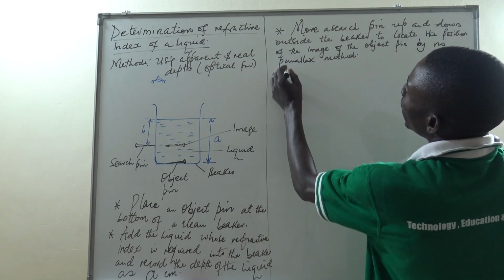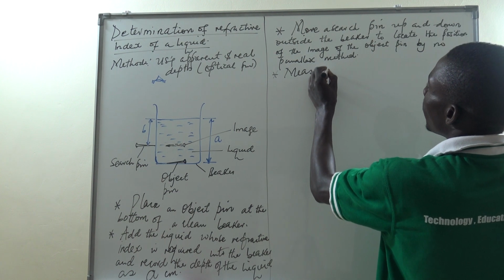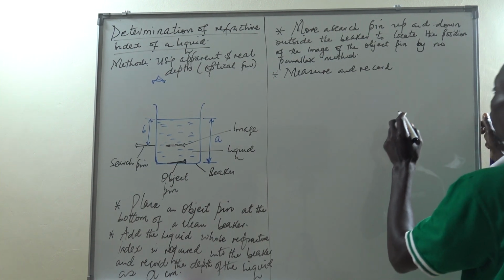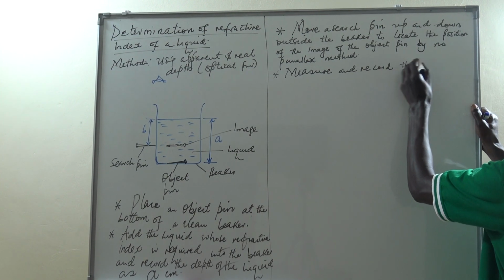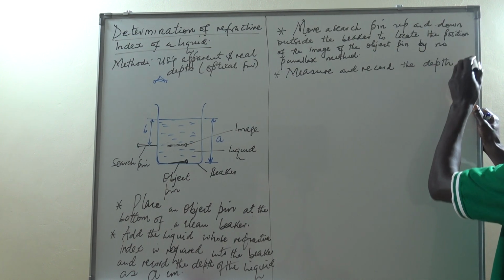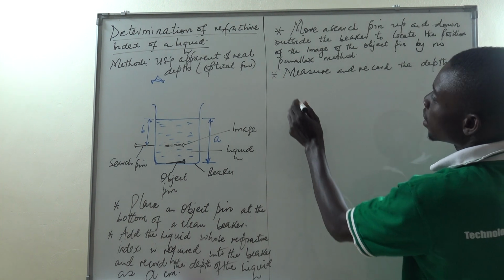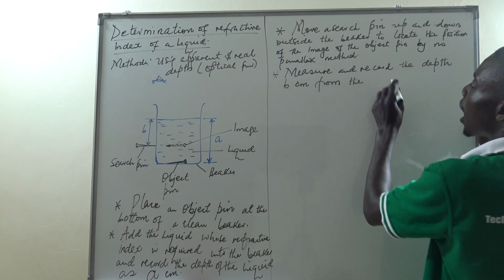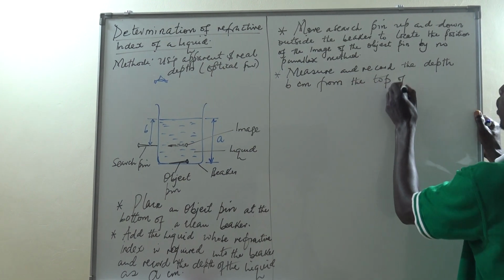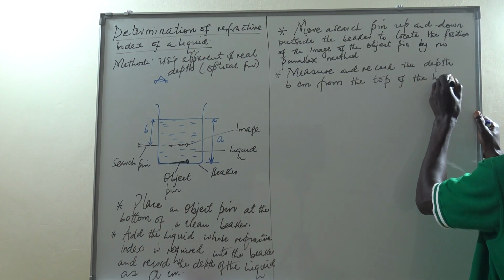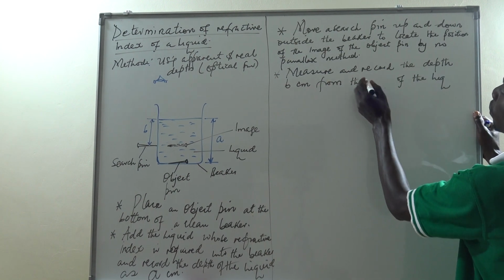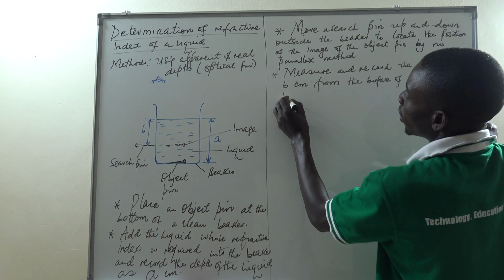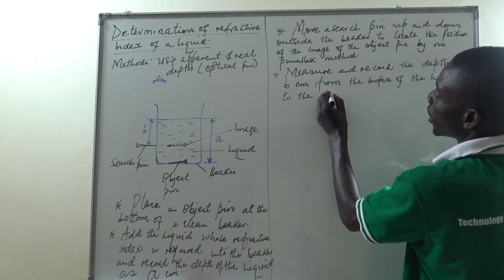And then next is to measure and record the depth B centimeters from the top of the liquid, from the surface of the liquid to the search pin.